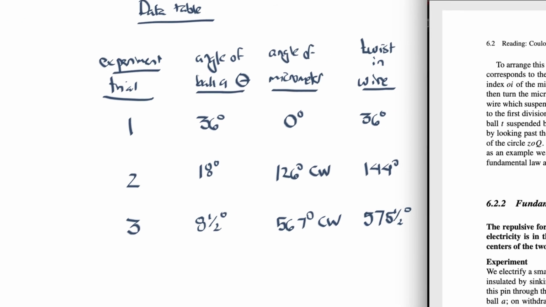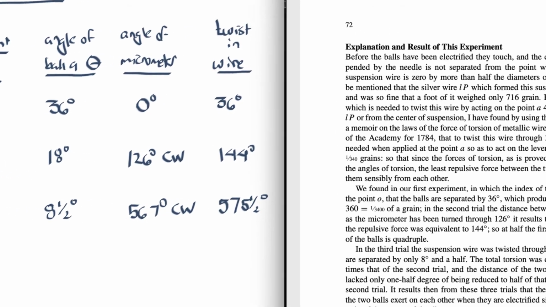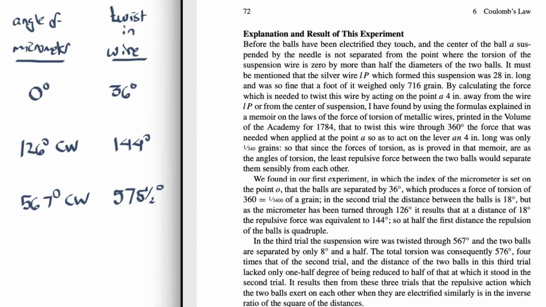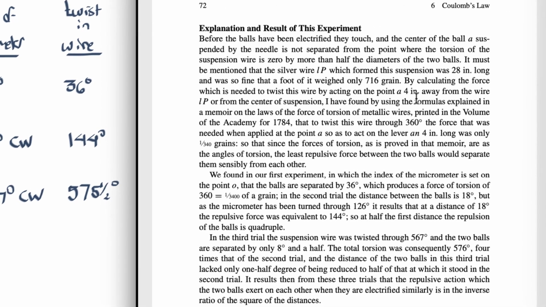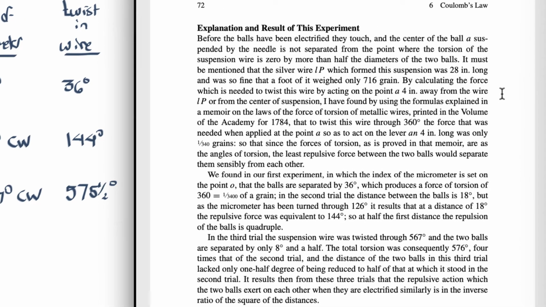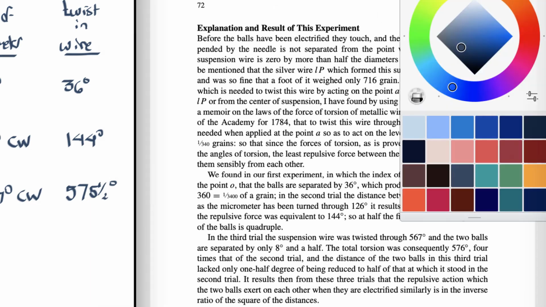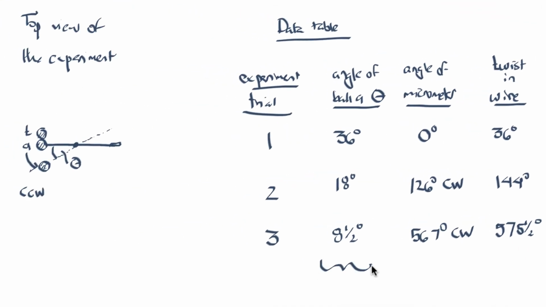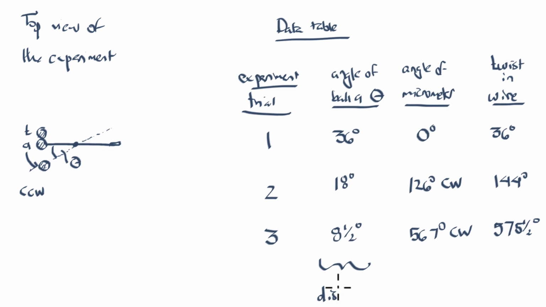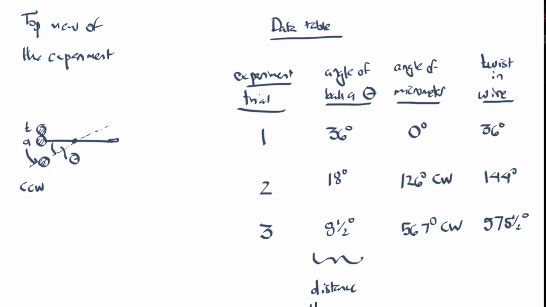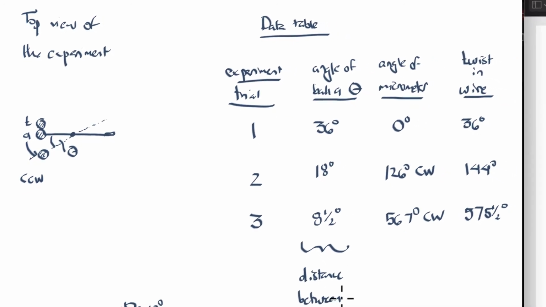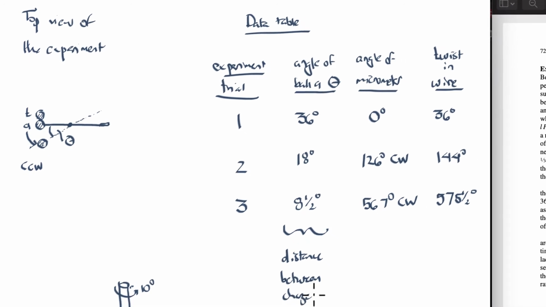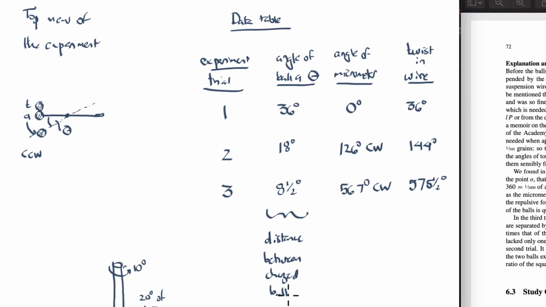Okay, so if we jump to the next page, page 72, he's going to mention basically what we've been talking about. What he's doing is he's explaining his results. So what is he saying? He's saying, well, this right here is a measure of the distance between these two balls. This is the distance between the charged balls.